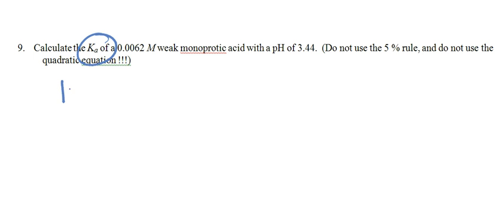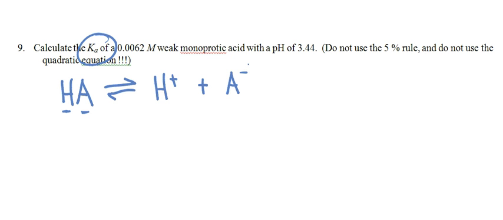Or you can do what's on your equation sheet, HA. The H represents hydrogen. The A represents some anion. Again, don't make it rocket science here. So here's our dissociation reaction. We want to make an ice chart. So it dissociates into hydrogen and our anion. Look how easy that is. We can make life so much easier here.